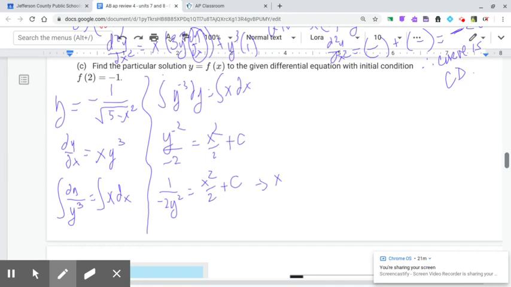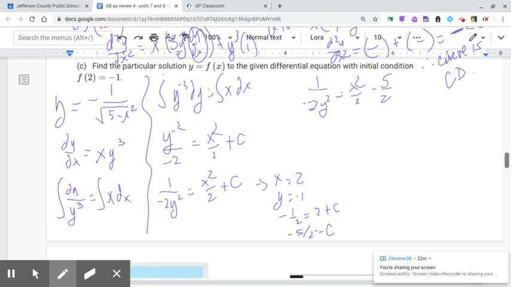If x is 2, y is negative 1, then I get negative 1/2 equals 2 plus c. So c is negative 5/2. And therefore, my equation is now 1 over negative 2y squared equals x squared over 2 minus 5/2.